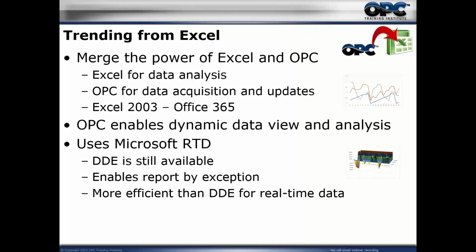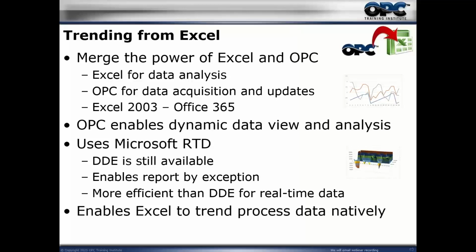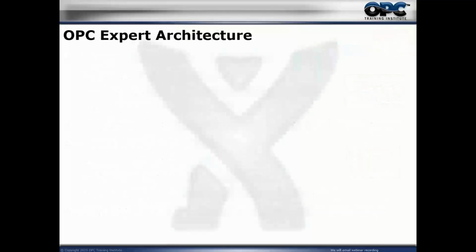DDE is polling, whereas the RTD enables report by exception, which means that if you're getting a lot of data, it's far, far easier on your CPU and far more efficient. Again, that's when we're talking about real-time data in Excel. So it really enables Excel to trend process data natively. It's very, very cool, actually.